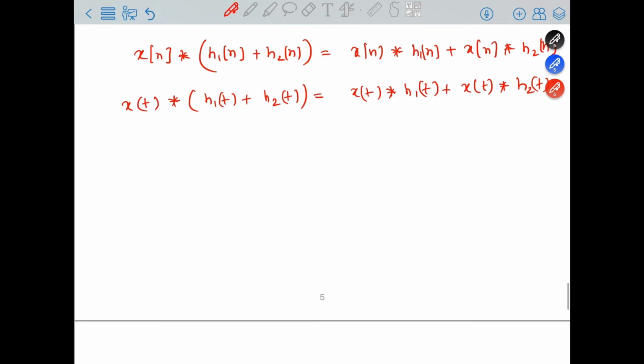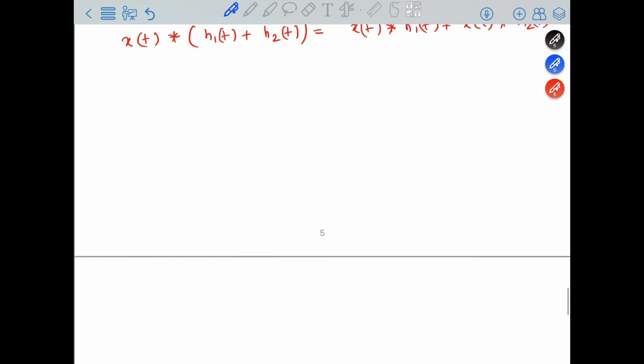What is the use of this property? By virtue of this property, a parallel combination of LTI systems can be replaced by a single LTI system whose impulse response is just the sum of the individual unit impulse responses. Let's understand the statement with a block diagram.